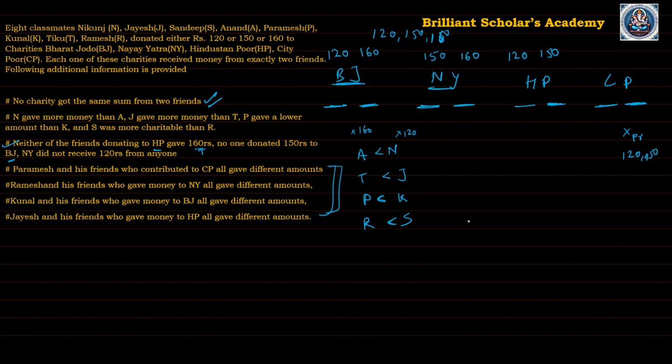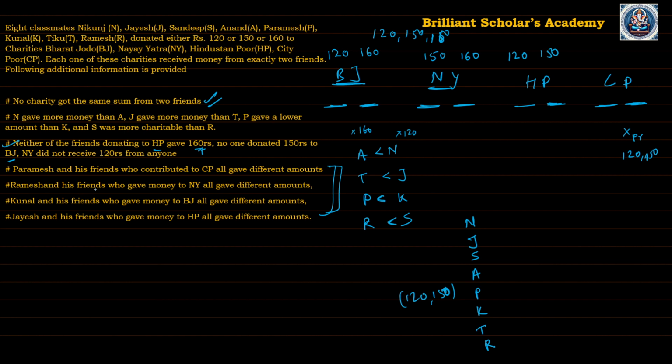Maybe I'll write down their names as well in the sequence N, J, S, A, P, K, T, and R. Because I have to anyways give them sums. Who is giving how much money? So Parmesh is giving either 120 or 150. You need to be thorough with your solution, guys. Because two questions had if. There's a possibility.